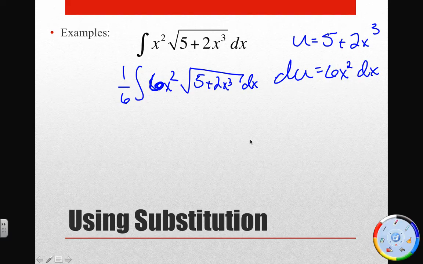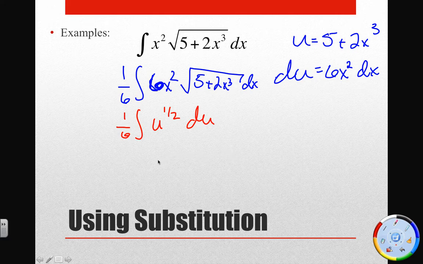So let's change colors here as I've been doing. This is going to be 1/6 of the integral of u to the 1/2, where 5 plus 2x cubed is u. The square root of u looks a lot better as u to the 1/2. And 6x squared dx is my du.